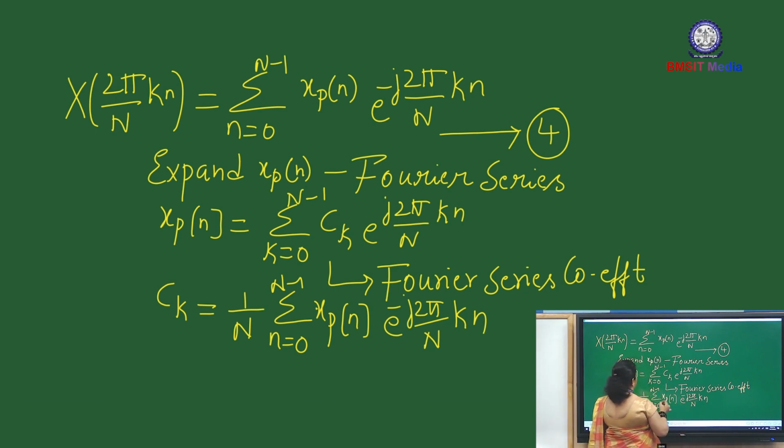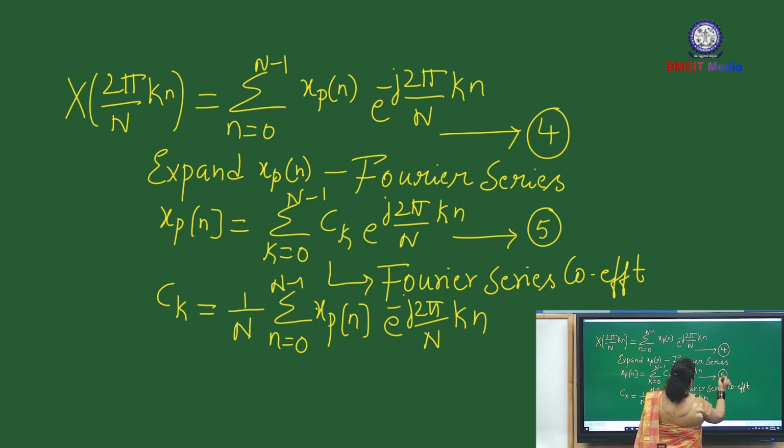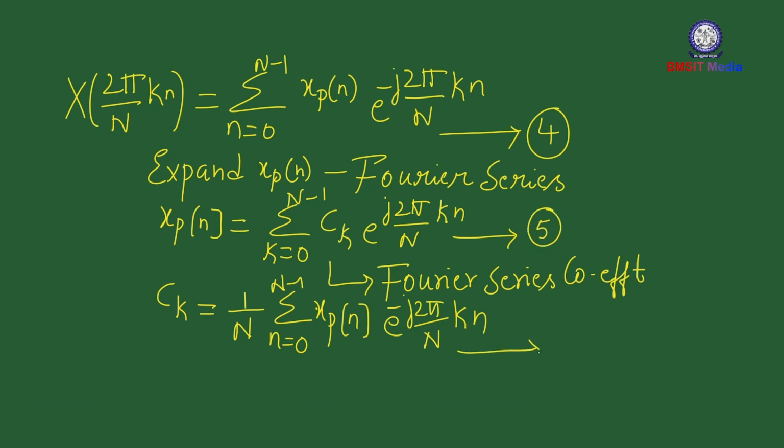Okay, so this equation where we have applied Fourier series, I am going to name it as equation 5, and this equation I am going to name it as 6.